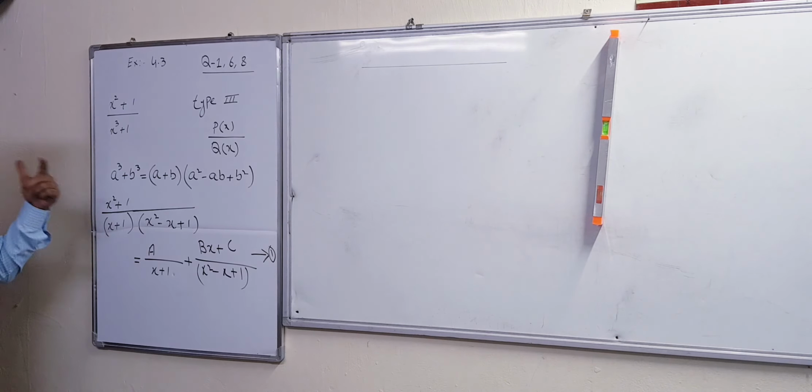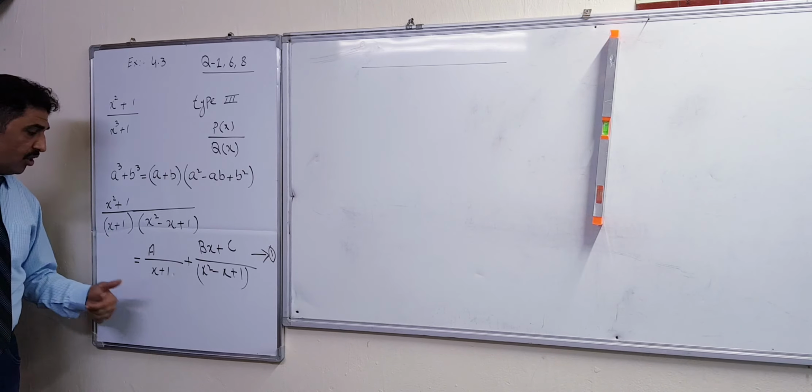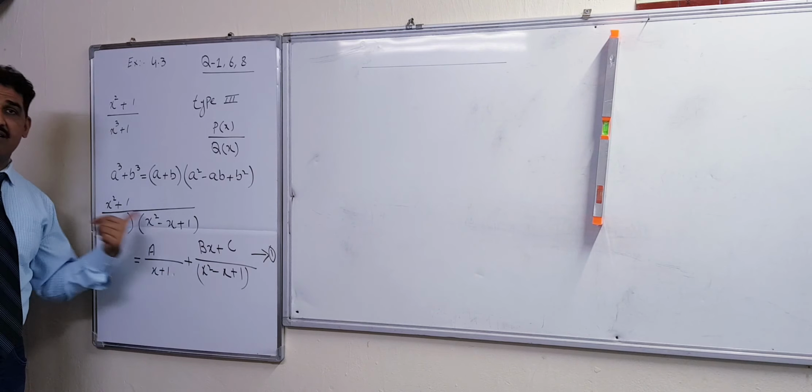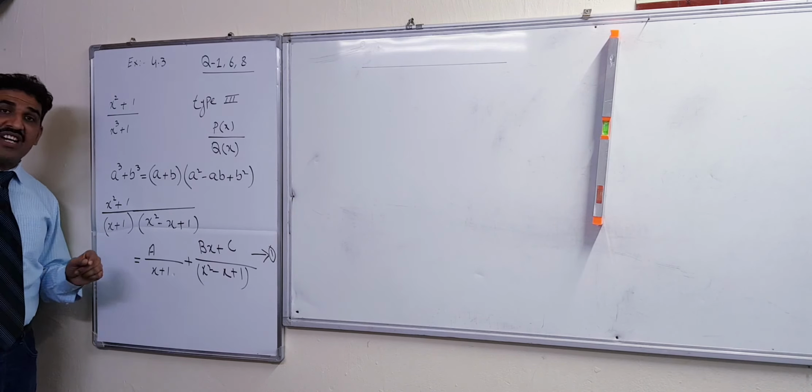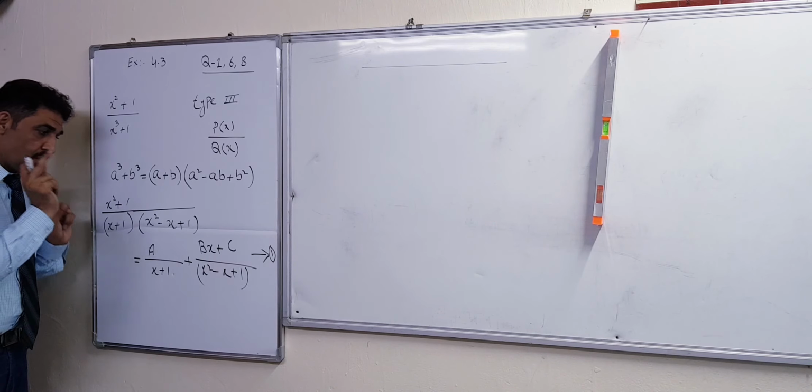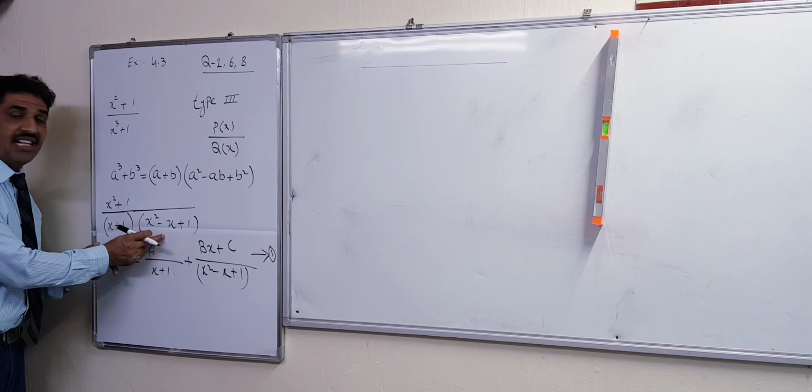After that we have to remove, or finish, the denominators of all parts of the fraction. So how to remove? Multiply by the LCM. And what's the LCM of that? Good, the whole denominator of the left hand side.